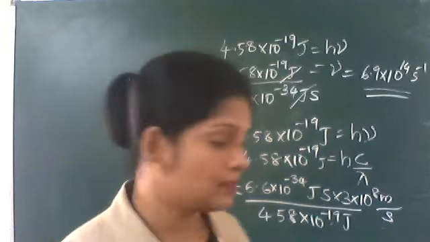Either you can calculate from this or you can calculate this way, no problem. Since you are already using 6.6 into 10 to the power minus 34 joule second in one calculation, you can follow from that step itself.